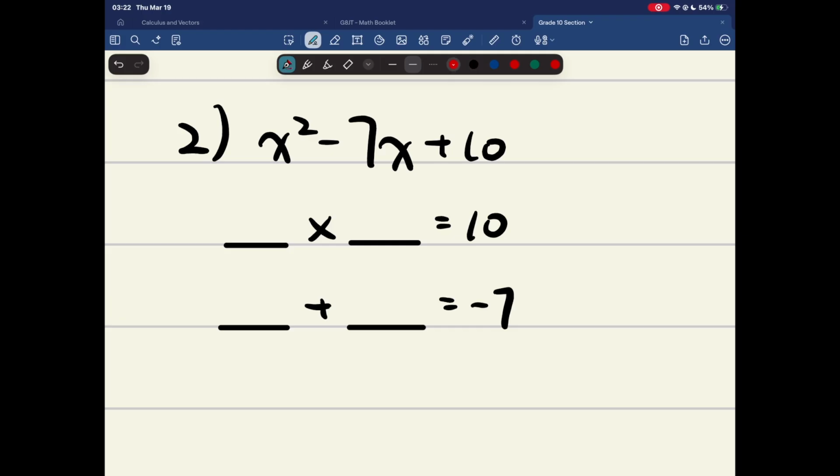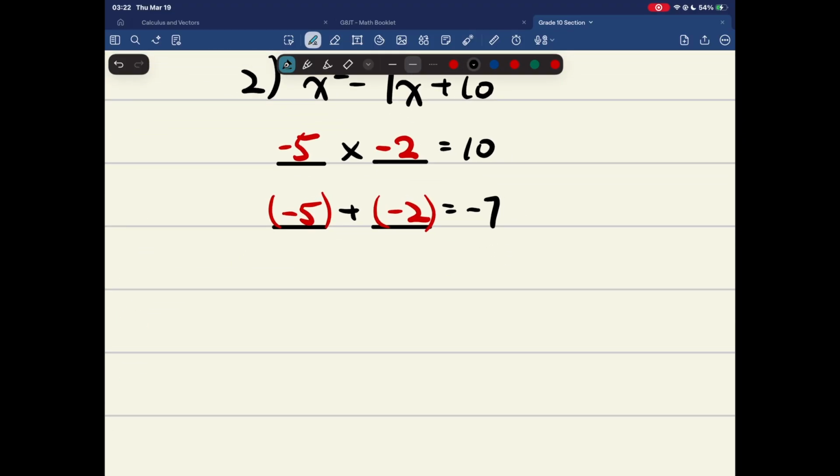So for instance, I thought of negative 5 and negative 2, because negative 5 times negative 2 equals positive 10, and negative 5 plus negative 2 equals negative 7.